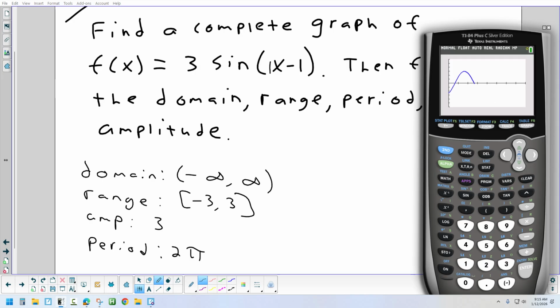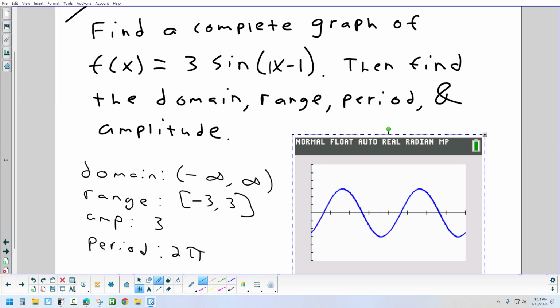So this should show exactly 2 cycles. There's 1, and it should end right about up there. There's 2. 2 full cycles. It doesn't look like the traditional sine graph because we have shifted it 1 unit to the right. Any question on that one or the window that we used?